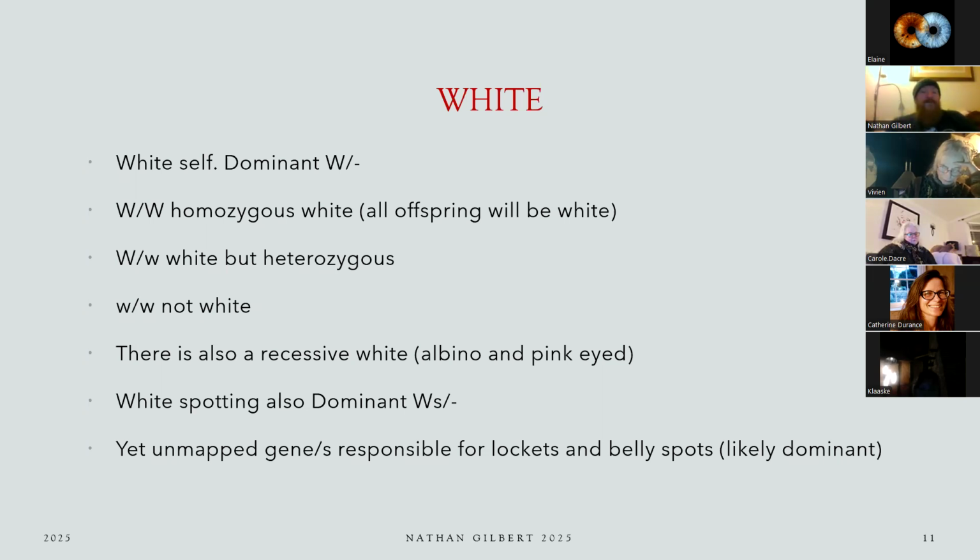If it was homozygous, capital W, all its offspring will be white, regardless of what color the other parent is. Obviously, the dominant white gene we know is associated with increased rates of deafness. So a homozygous white would have double chance of deafness. It would have two bites of the cherry.